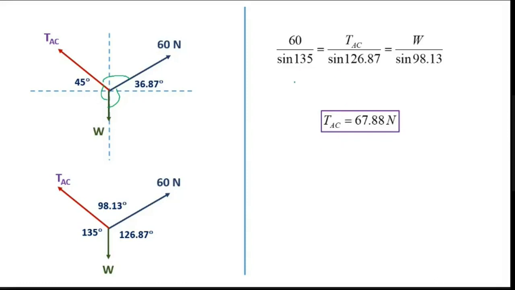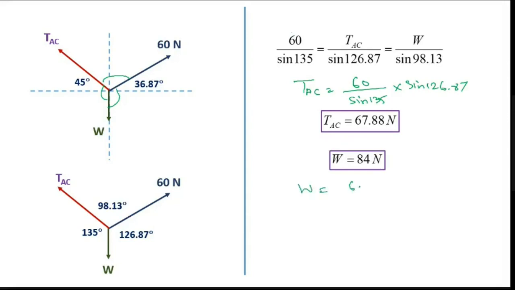When I equate these two, I'll get TAC as 60 divided by sine 135 into sine 126.87, right? You'll get the value of TAC. Similarly, I can also equate the other two. So W will be equal to 60 by sine 135 into sine 98.13. You will get W, which is 84 Newton.